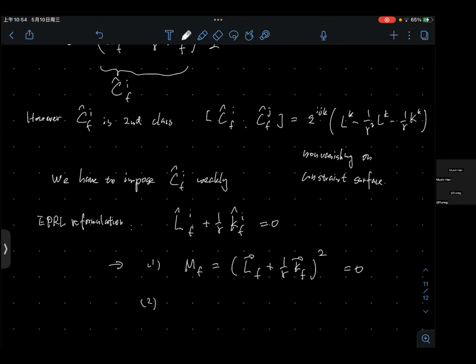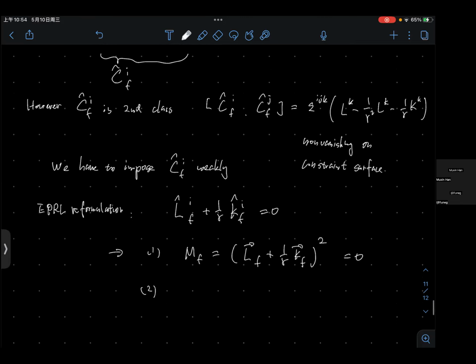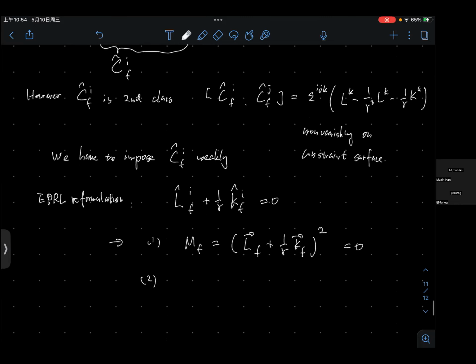Suppose you want the eigenstates of the four-dimensional area to match the usual loop quantum gravity area, then you also have to impose something extra, not just this master constraint. That's the motivation for the two constraints reformulating the simplicity constraint. The second constraint is actually a quadratic, diagonal simplicity constraint, CFF.